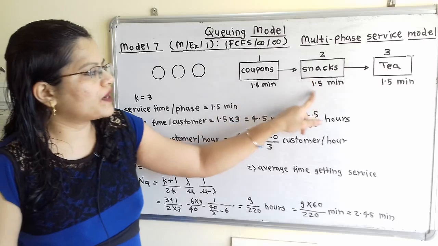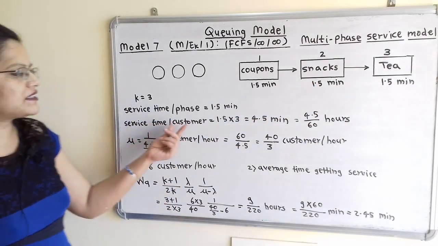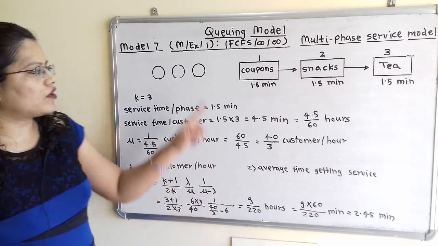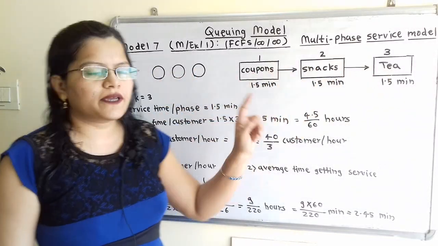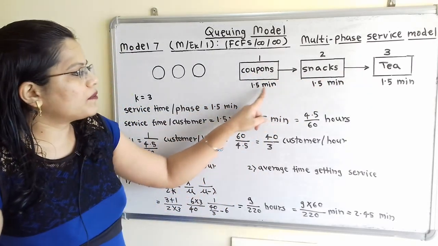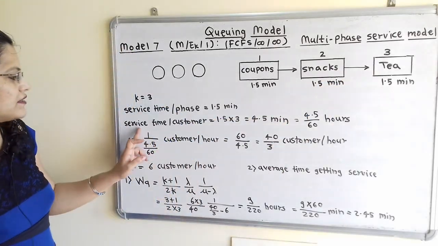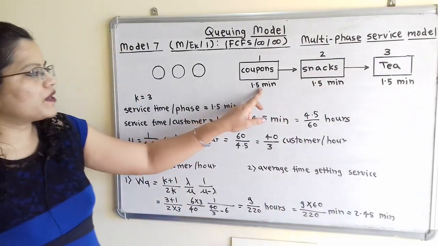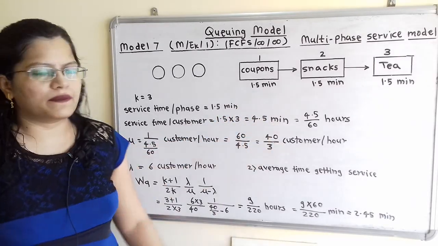Now we will calculate the service time per customer, because each customer has to pass through these 3 phases and it takes 1.5 minutes for each facility. So service time per customer is 1.5 multiplied by 3, that is equal to 4.5 minutes.